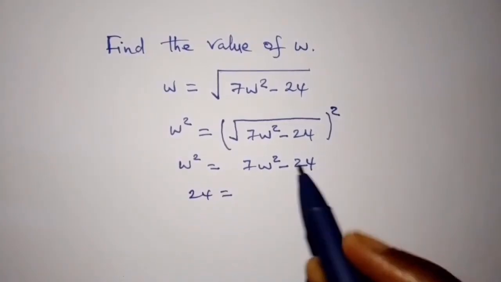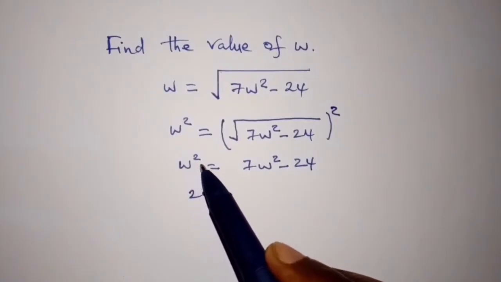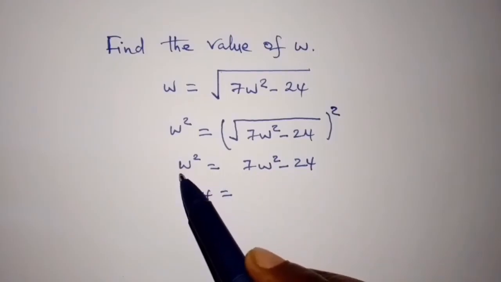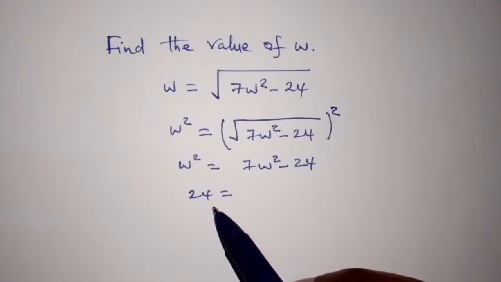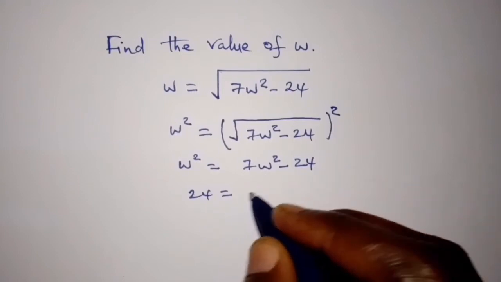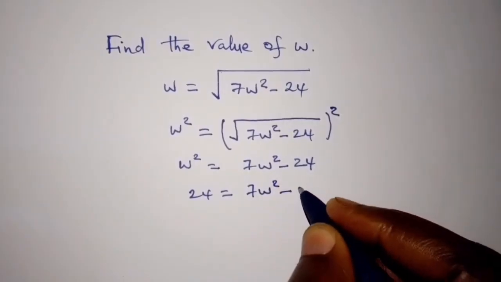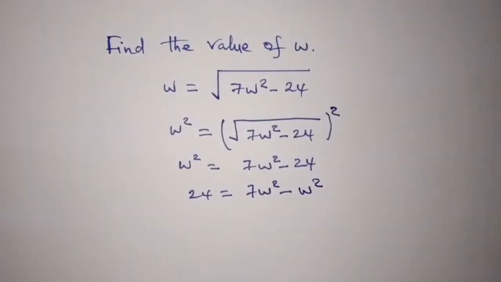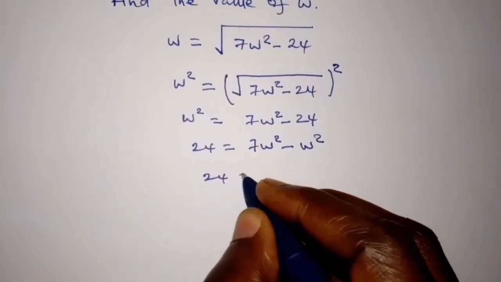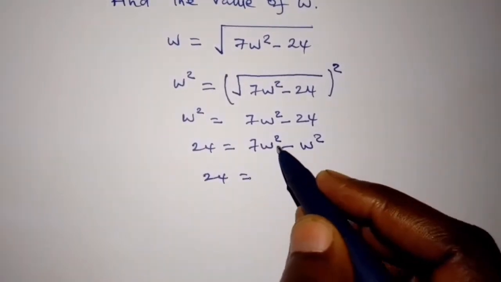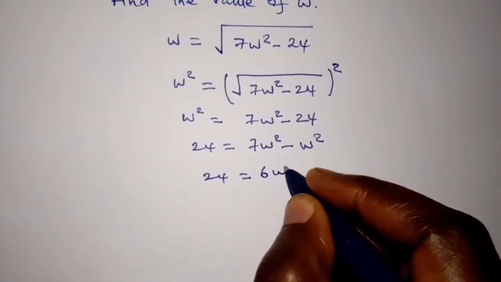We can bring W squared to the other side. It becomes negative W squared. So we can say that 24 is equal to 7W squared minus W squared, which is 6W squared.